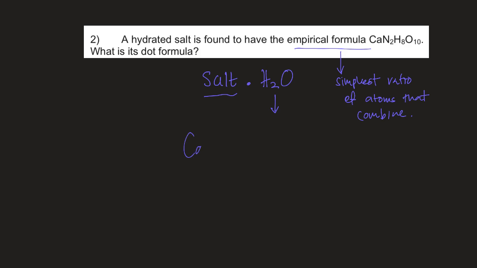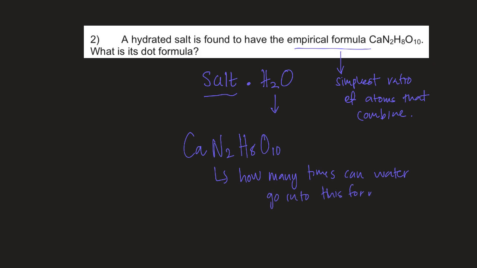So if I look at CaN2H8O10, the first thing I need to do is, in this thing, how many times can water go into this formula? Now water is H2O, okay?